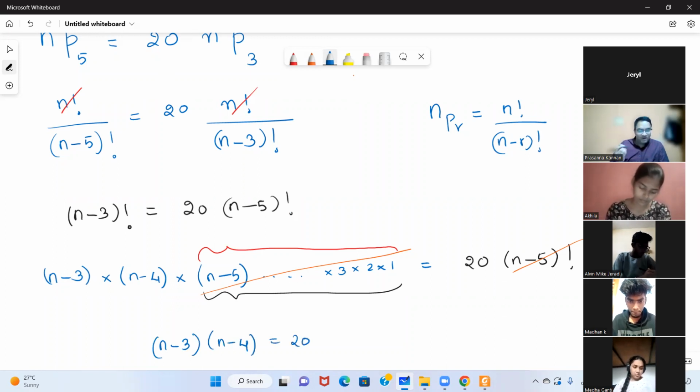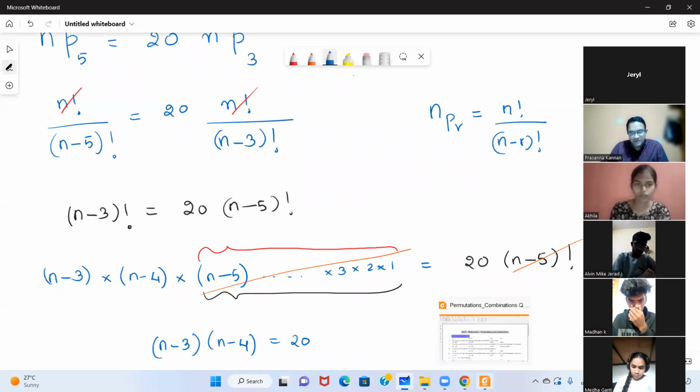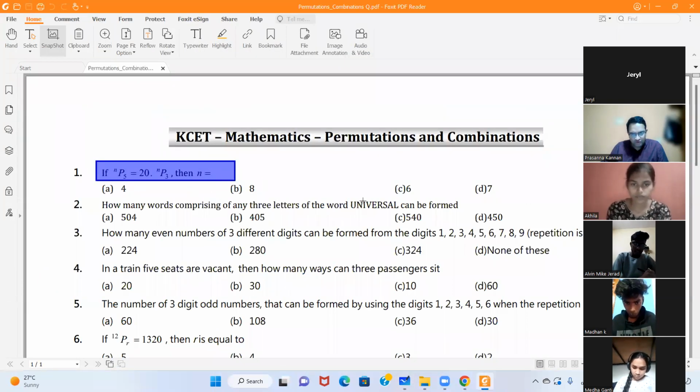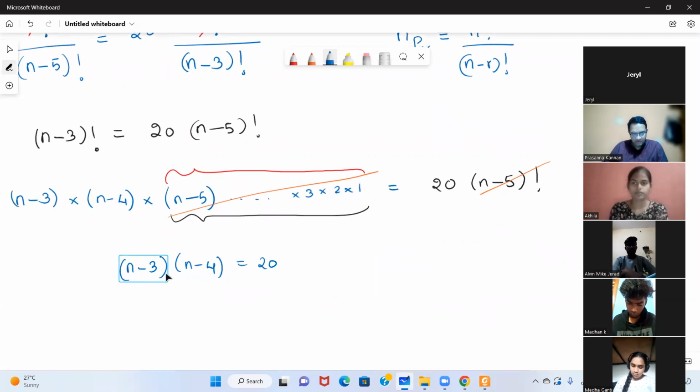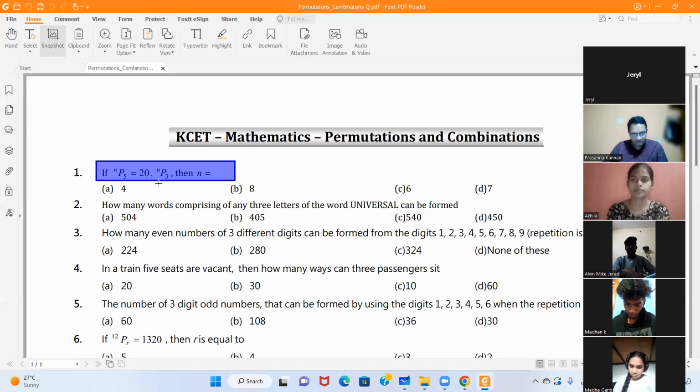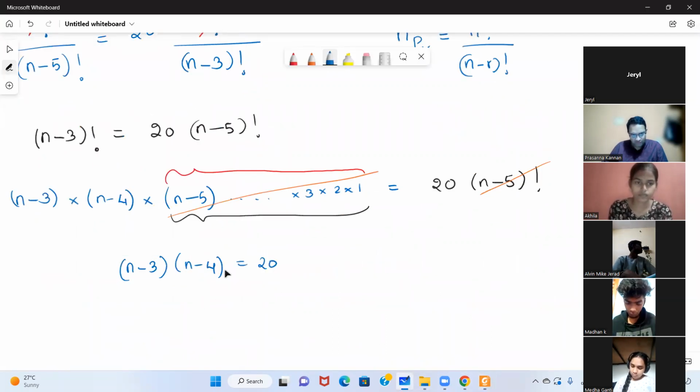It's a quadratic equation which you can solve, right? Or you can go from the answers as well. You have various options. You can check which one of them must be true. If you take the first option, n is equal to 4, it doesn't satisfy, since 4 minus 4 is 0.